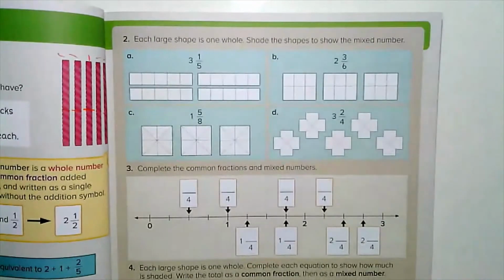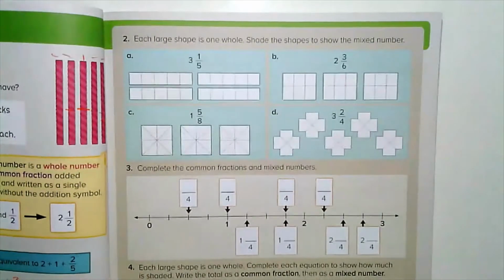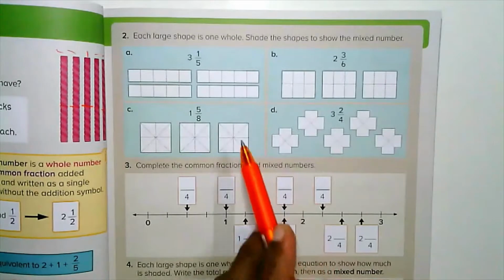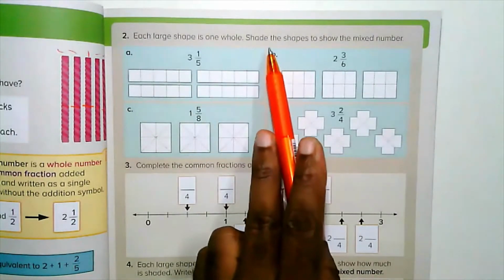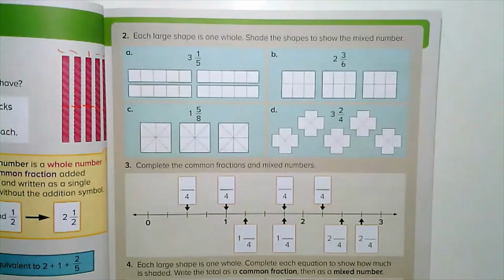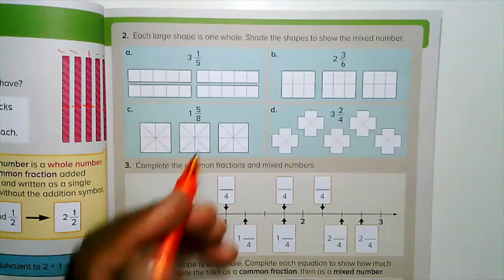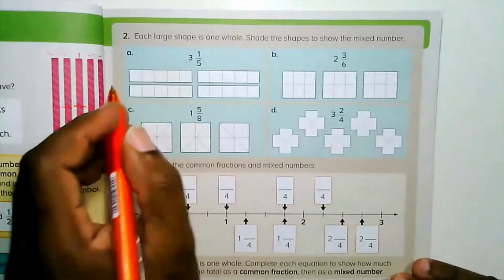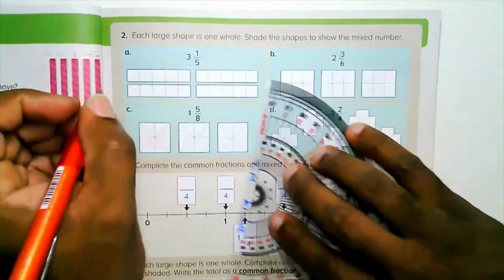Now let's go into number 2. Each large shape is 1 whole. Shade the shapes to show the mixed number. So we have 3 whole number. So we shade 3 of these.